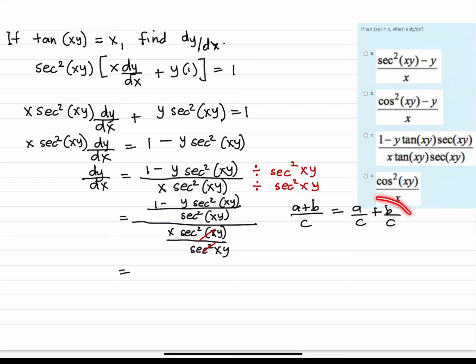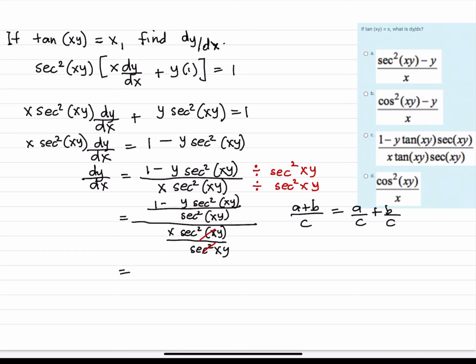Okay, since their denominators are alike anyway or are the same, then you just combine the numerators, a plus b all over c. Or if you have a plus b all over c, you can break this apart into the sum of these two fractions. So let's apply that here. We can write this as 1 over secant squared xy minus y secant squared xy over secant squared xy.